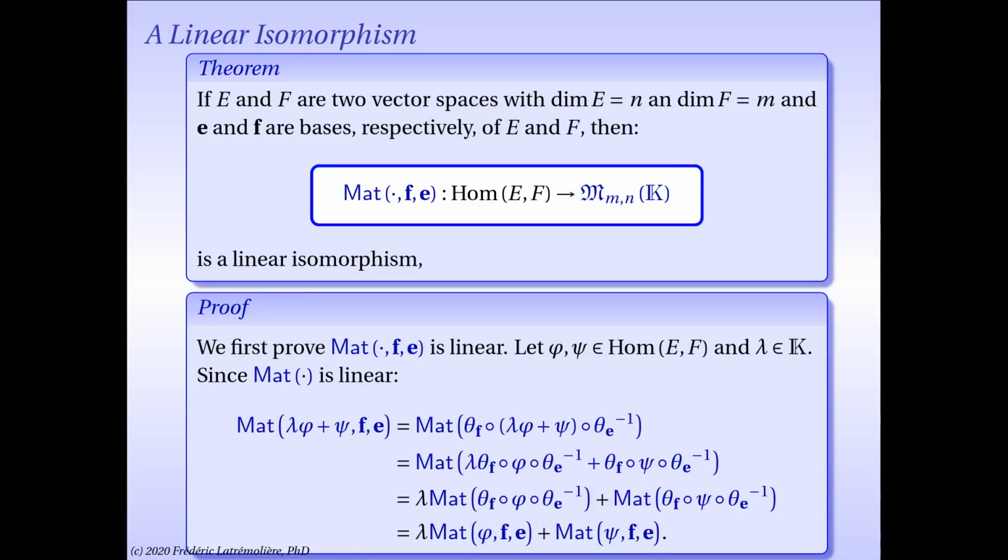We prove this theorem in 3 steps. First, we show that the map mat bold F bold E in our theorem is linear. Thus, let phi and psi be 2 linear maps from E to F. Let lambda be a scalar.